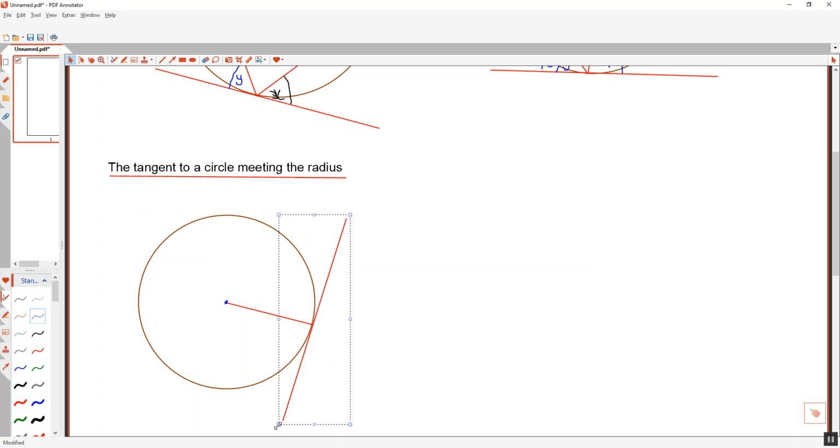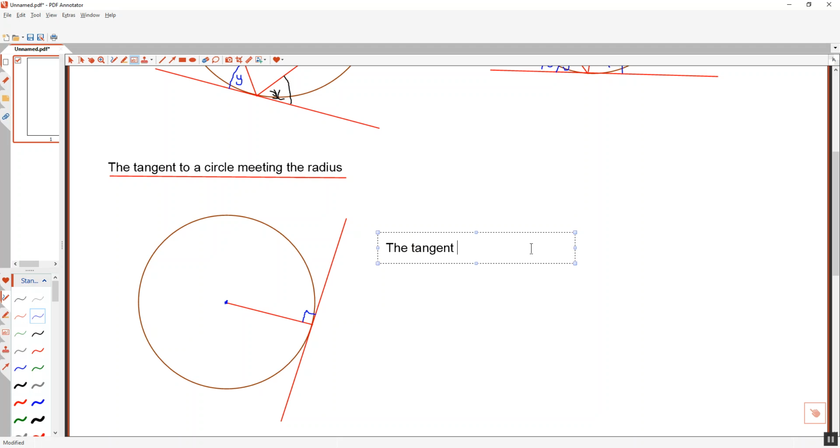And if I've got a tangent meeting the radius, it's always going to meet it at 90 degrees. That is always going to be 90 degrees, okay?